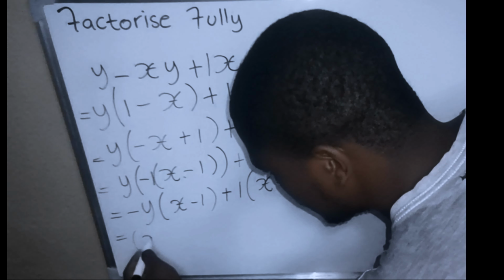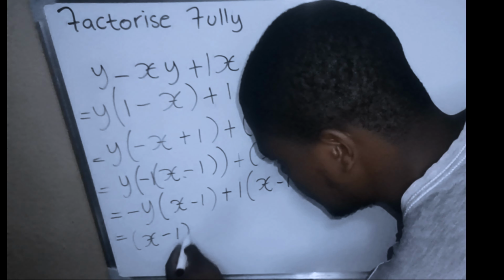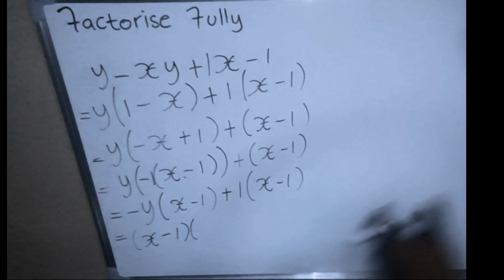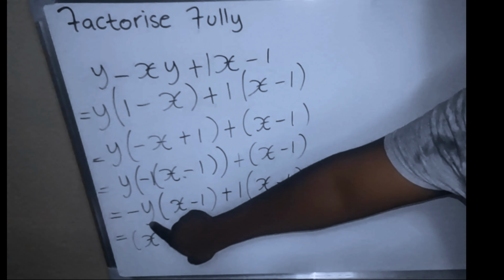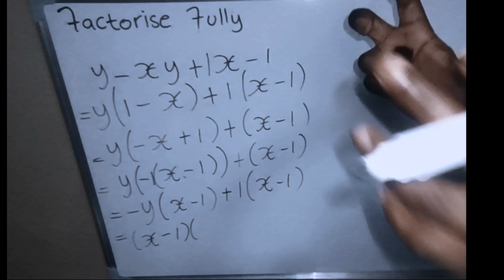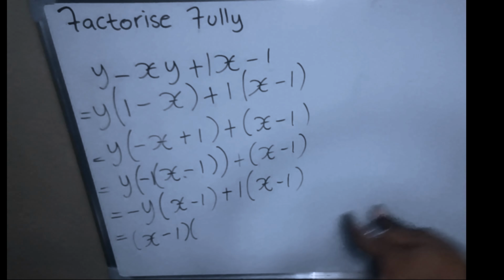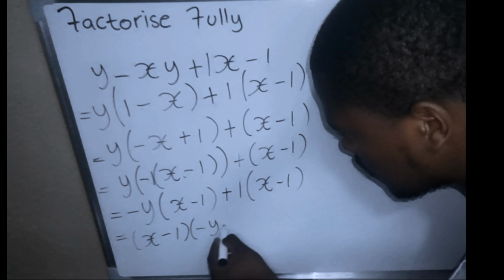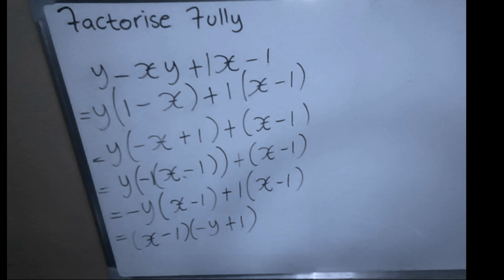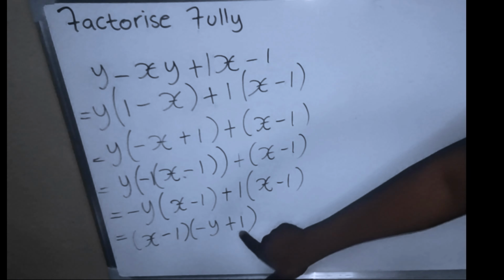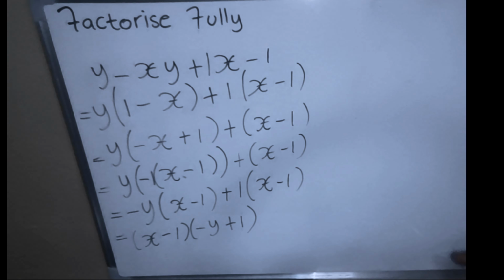I'm going to have x minus 1 again. And another bracket, I combine those terms that are outside the brackets into one bracket. I've got negative y and positive 1, so I'm going to have negative y plus 1 here. It does not matter which one starts first. As long as it's negative y plus 1, you can say 1 minus y. It's not a problem. Therefore, you are done with this one.